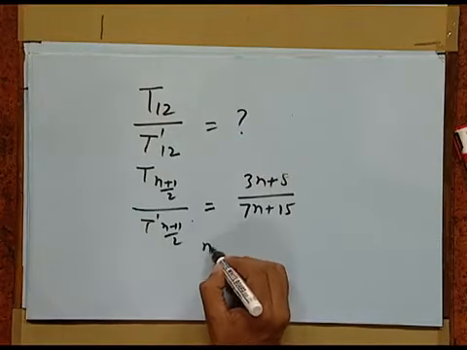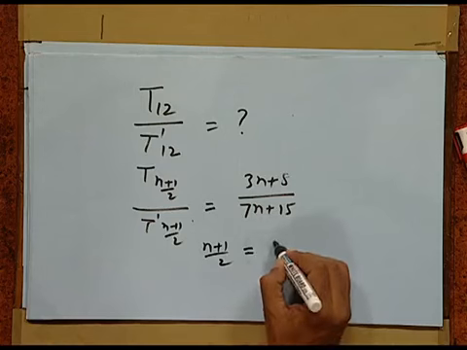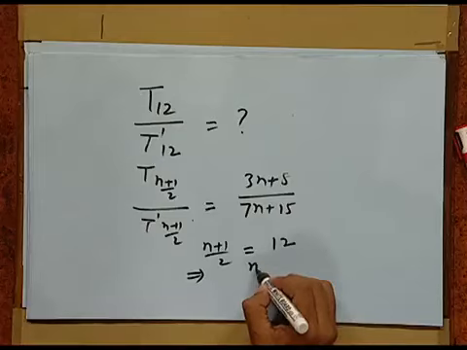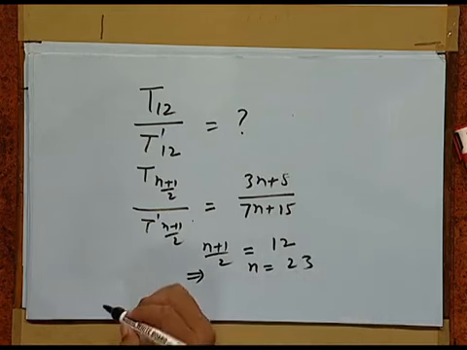To get this result, we have to set (n plus 1)/2 as 12, which means we must make n equal to 23.